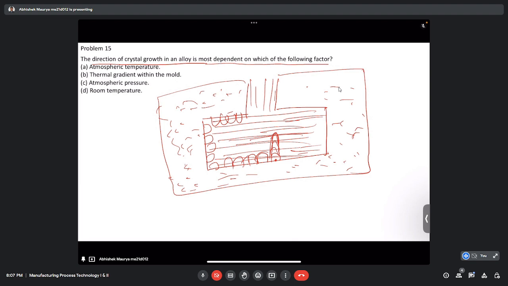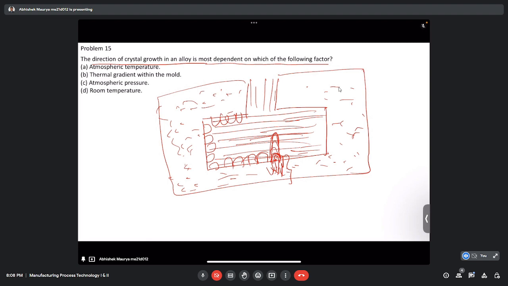So why is it happening? It happens because of the temperature gradient. Because of conduction, the heat is transferred by conduction, and the temperature near the mold wall fell quickly, and therefore solidification started from the mold wall.